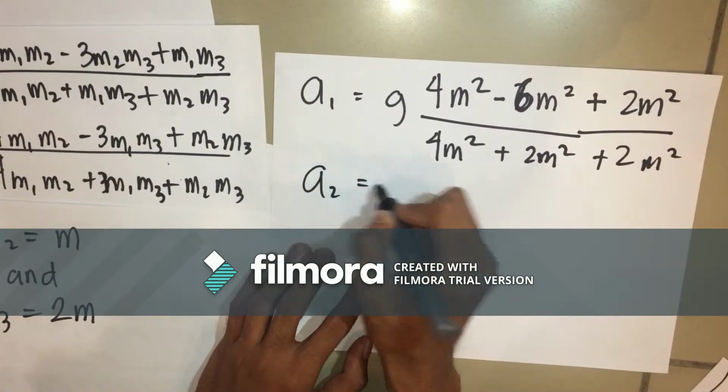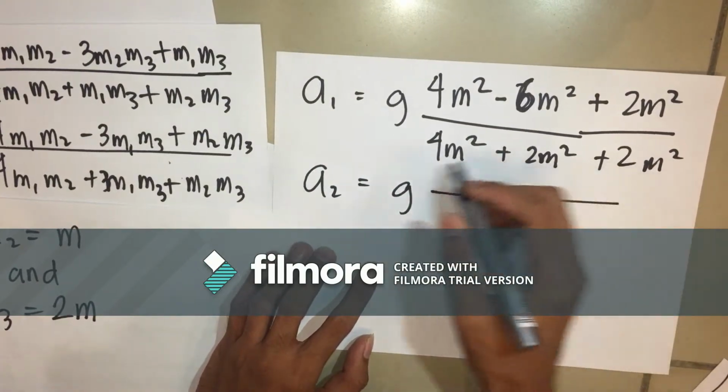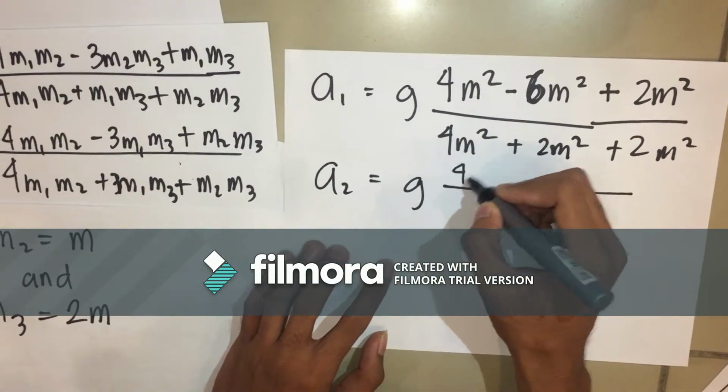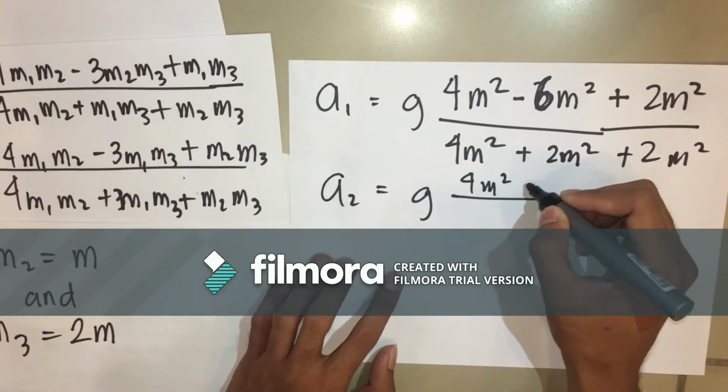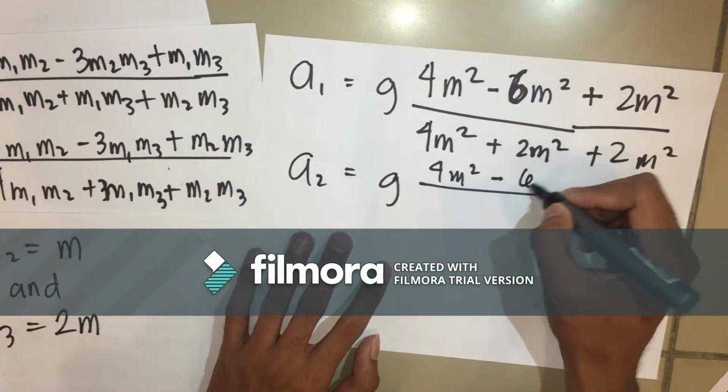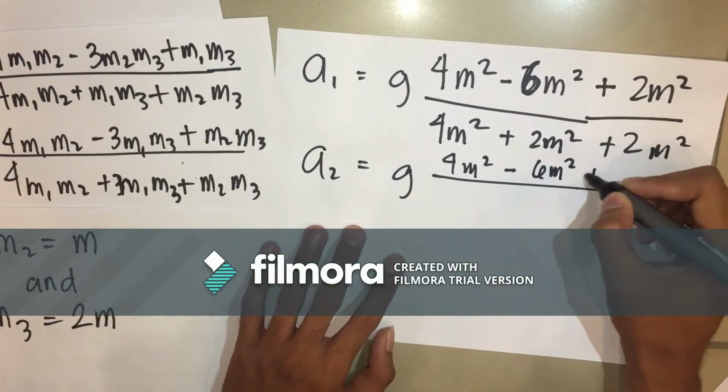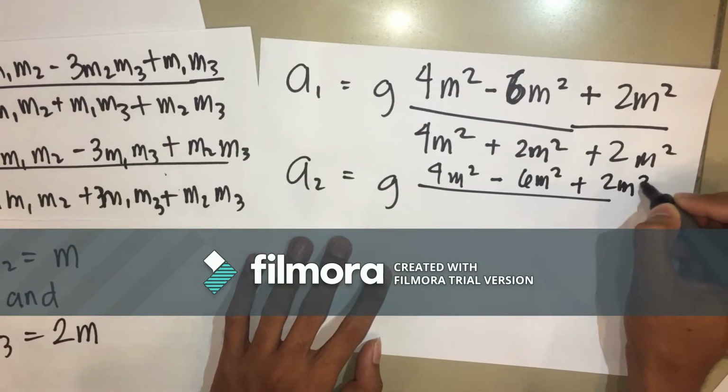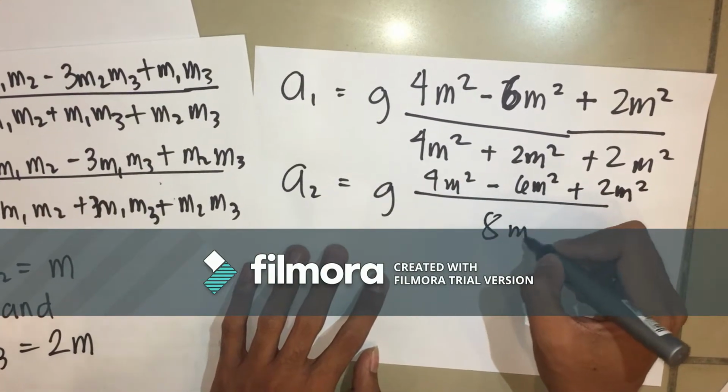Now A2 is equal to G times 4M squared minus 6M squared plus 2M squared over 8M squared.